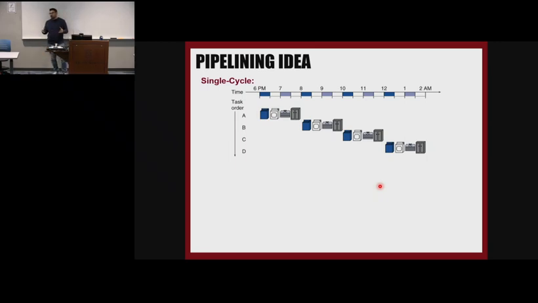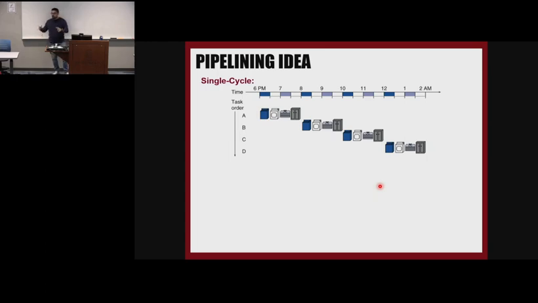Let's say when we want to do the laundry, there are 4 steps involved: washing, drying, folding, and putting it in the closet. Let's say we have 4 piles of dirty clothes that we want to wash.